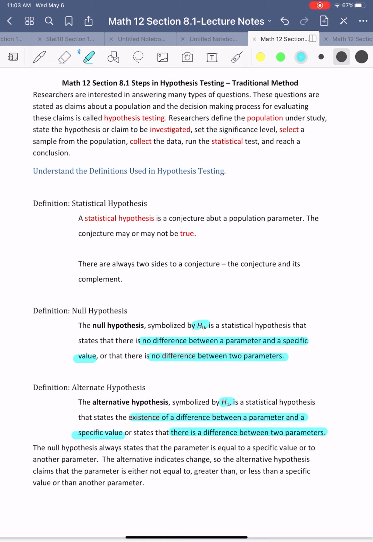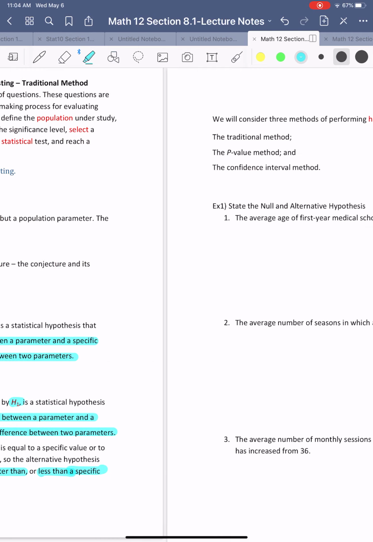The null hypothesis always states the parameter is equal to a specific value or to another parameter. The alternative indicates the change, so the alternative hypothesis claims the parameter is either not equal to, greater than, or less than a specific value or another parameter.